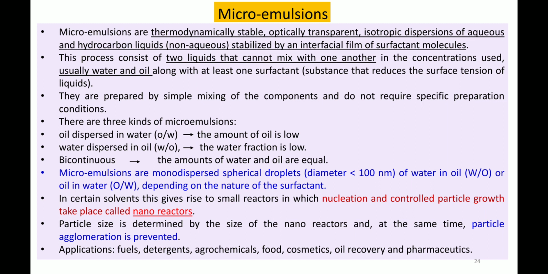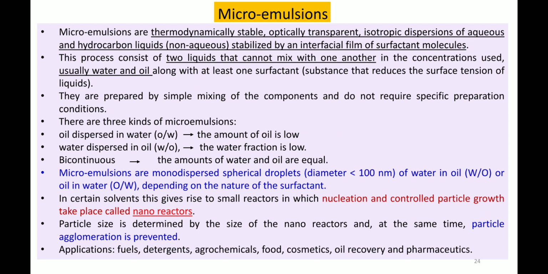If the diameter is less than 100 nanometer, then we call this a microemulsion. So microemulsions are monodispersed spherical droplets of diameter less than 100 nanometer of water in oil or oil in water, depending upon the nature of surfactant.